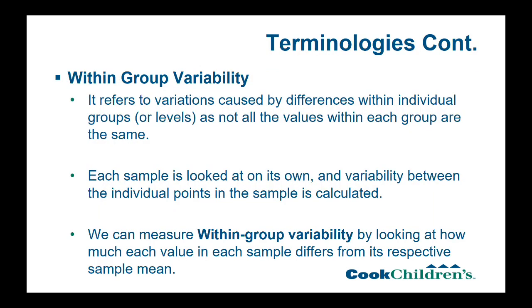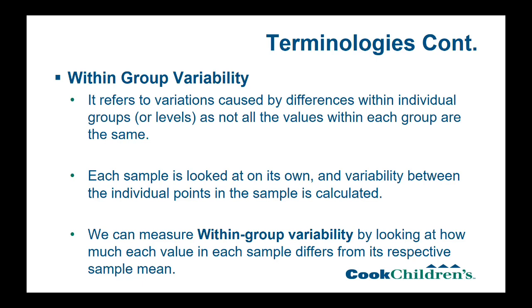The next terminology that is important in ANOVA calculation is referred to as within group variability. It refers to variations caused by differences within individual groups. Now you are not looking at group level, we are looking at individual observations, as not all the values within this group are the same.